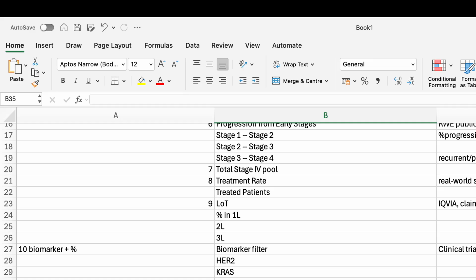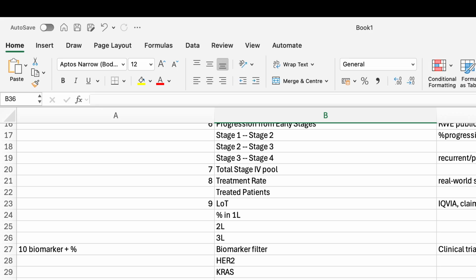So this is a very important concept of various endpoints. You must know the different primary endpoints like overall survival and PFS, progression-free survival. If the median progression-free survival is around 8 months, let's say, here we would be assuming a DOT of around 6 months.